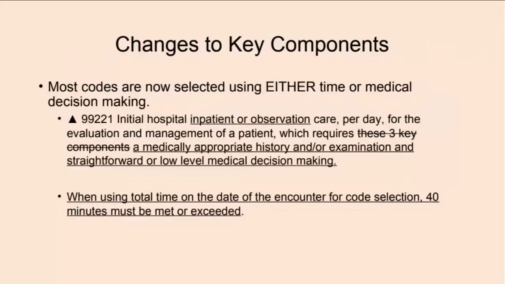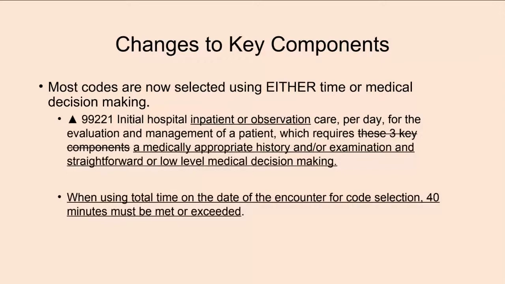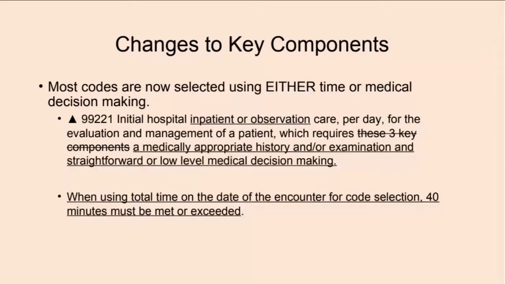Okay, other changes to the key components. So what we have are most codes are selected using either time or medical decision making. One or the other in most cases. So for example, 99221, initial hospital inpatient or observation care. That's a difference too, but I'll discuss that in part 3 of the update.